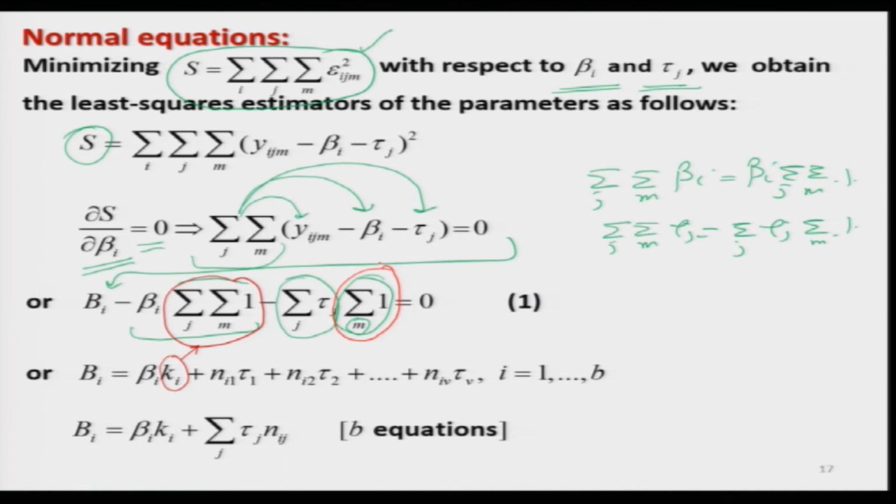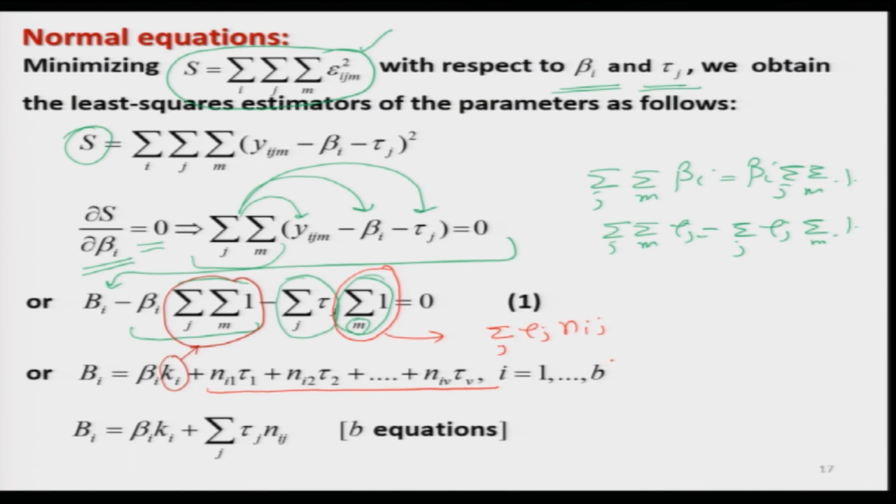So, I can write this thing as the summation over j of tau j and nij, right. So, if you simplify, for a given value of I, I can write ni1 tau 1 plus ni2 tau 2 plus up to niv tau v, right.